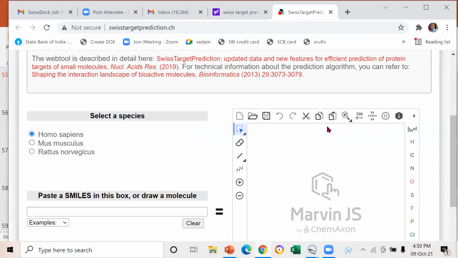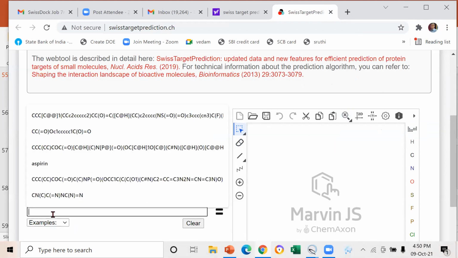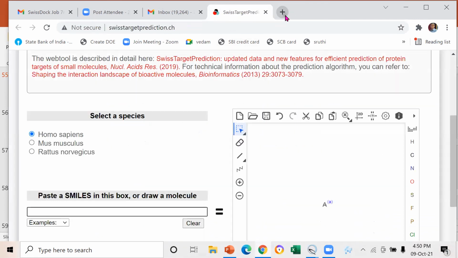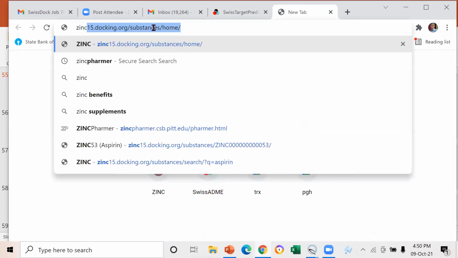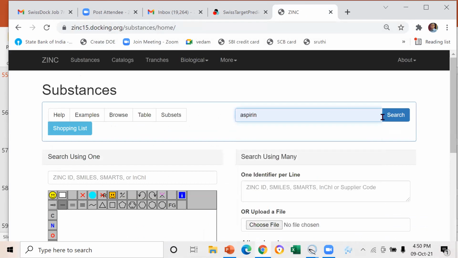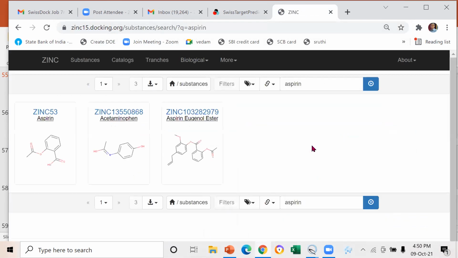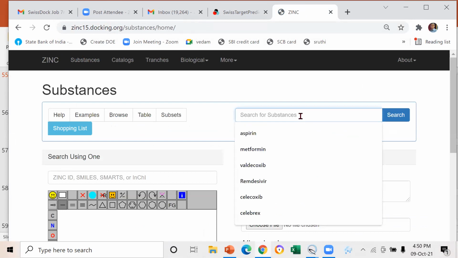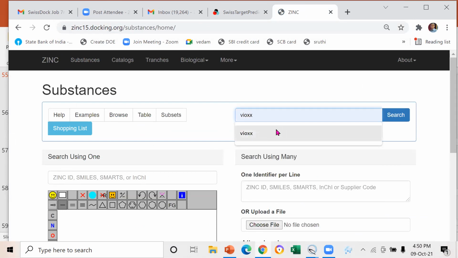It gives you a lot of information. So we can draw the structure, of course, or we can paste our SMILES. So you remember. Let's do some other track.